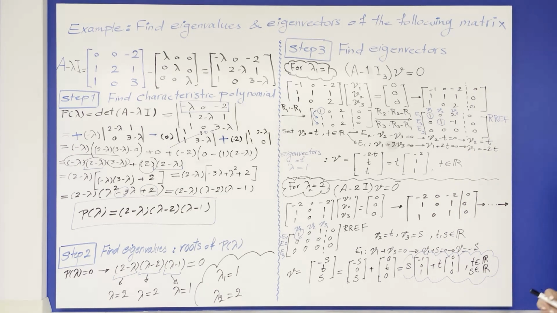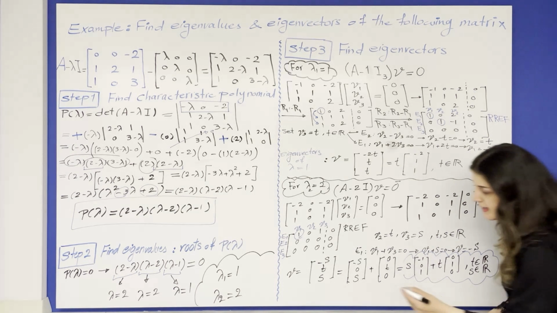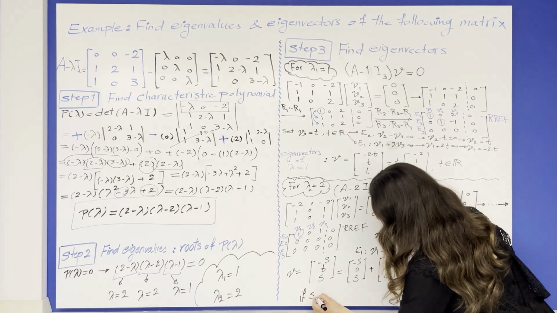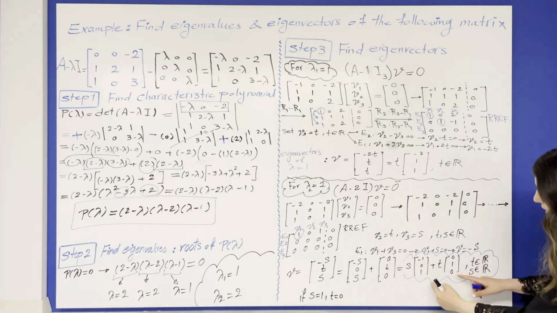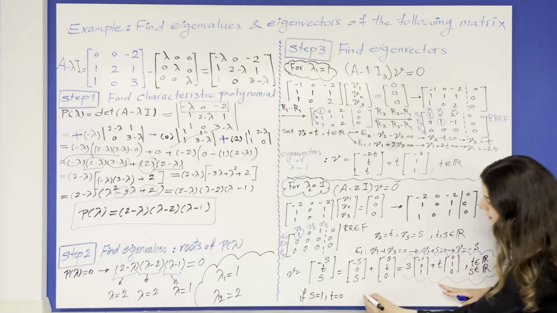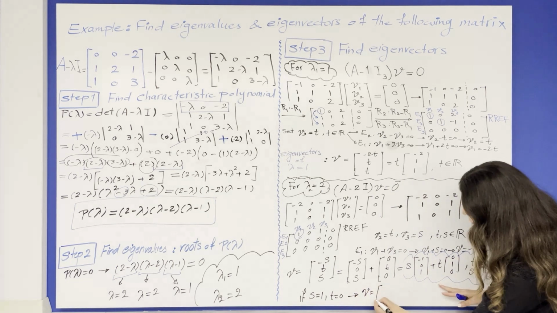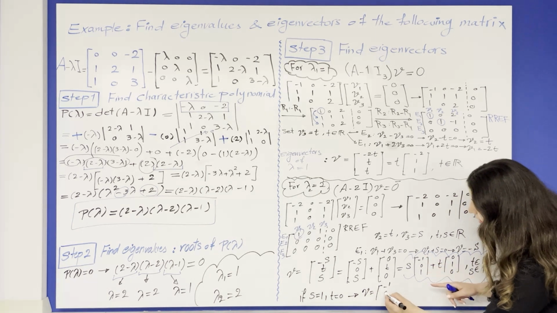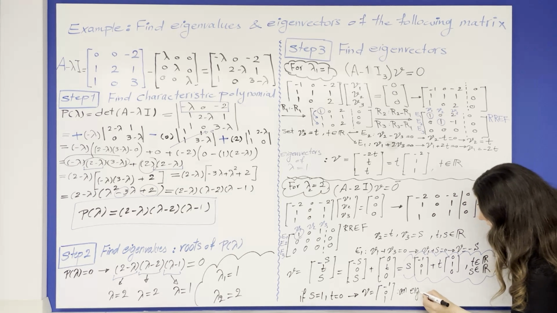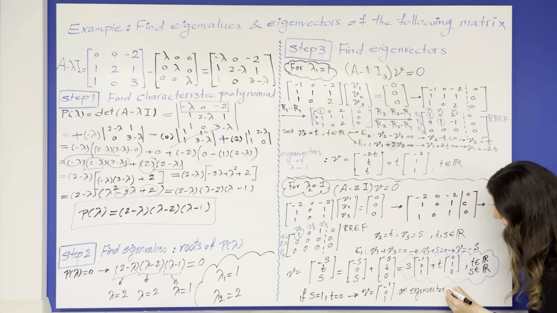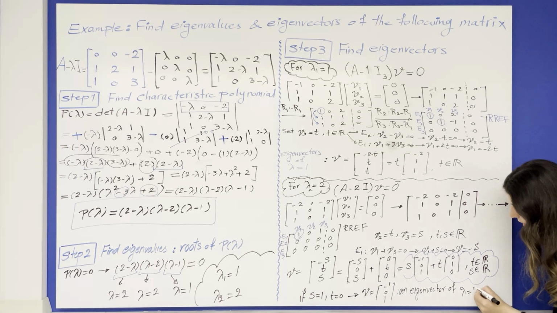Okay, so in particular, if I set S to be 1 and T to be 0, I make the whole T term 0. So I get V to be -1, 0, 1. So this is an eigenvector corresponding to lambda being 2.